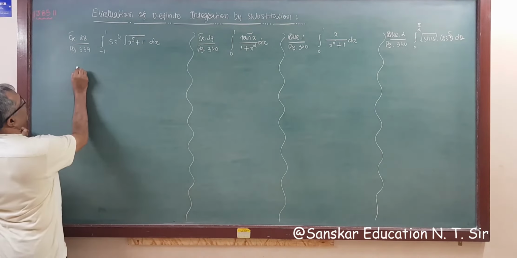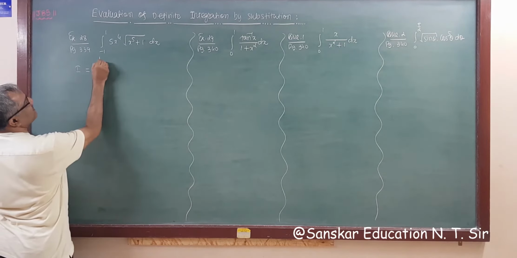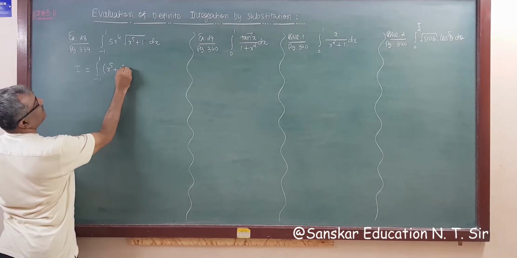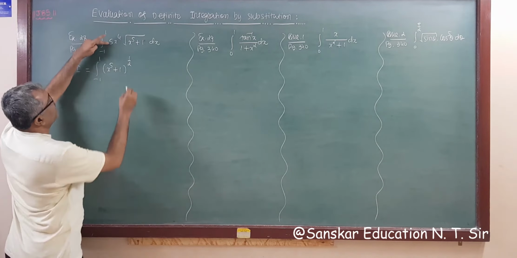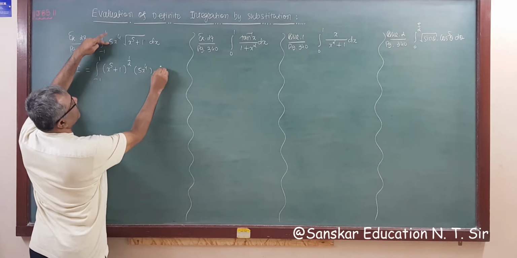So I am writing here: I is equal to integration from minus 1 to 1 of x raised to 5 plus 1 whole to the power half, because this is a square root, and this is 5 times x raised to 4 dx.